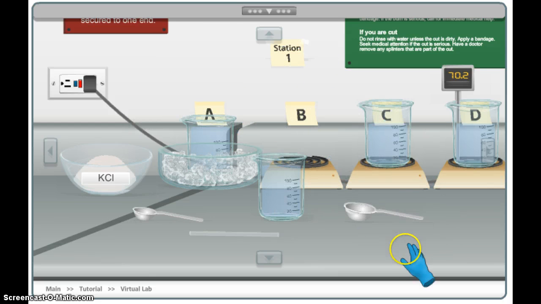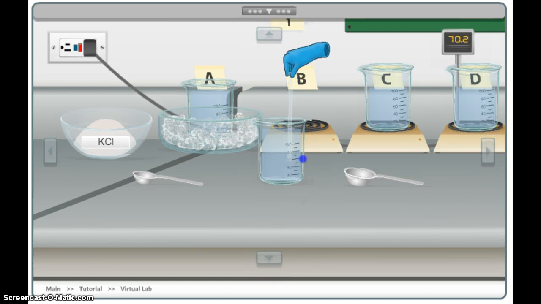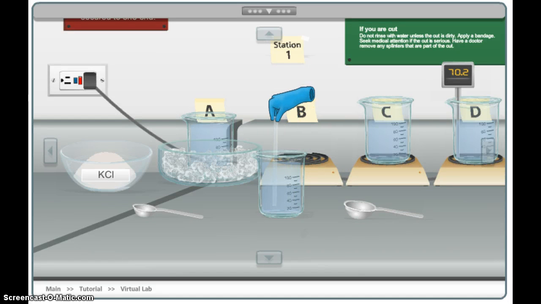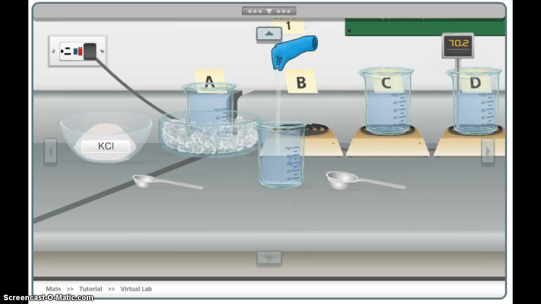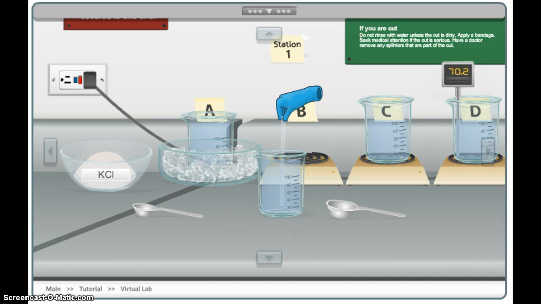Scoop number 6. Did it all dissolve? Yep. Is it saturated? Nope. Scoop number 7. Did it all dissolve? Yep.